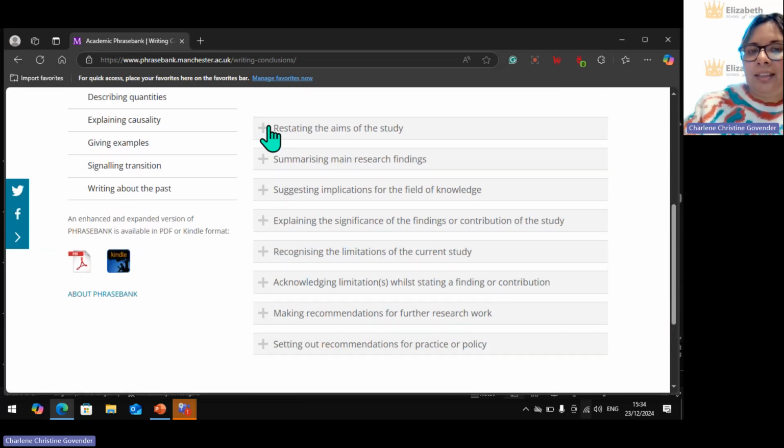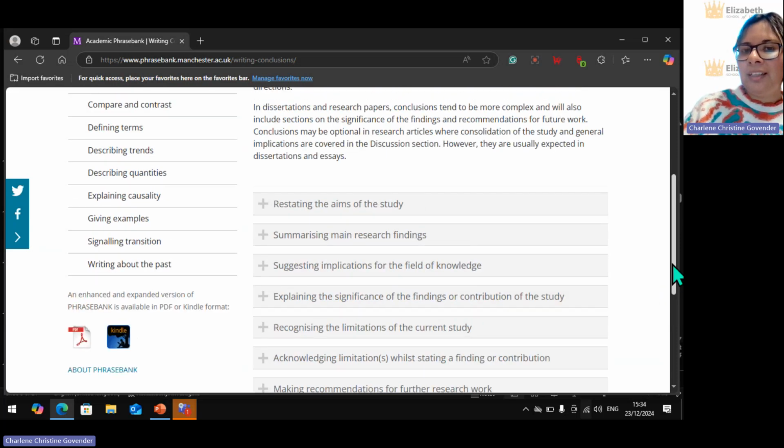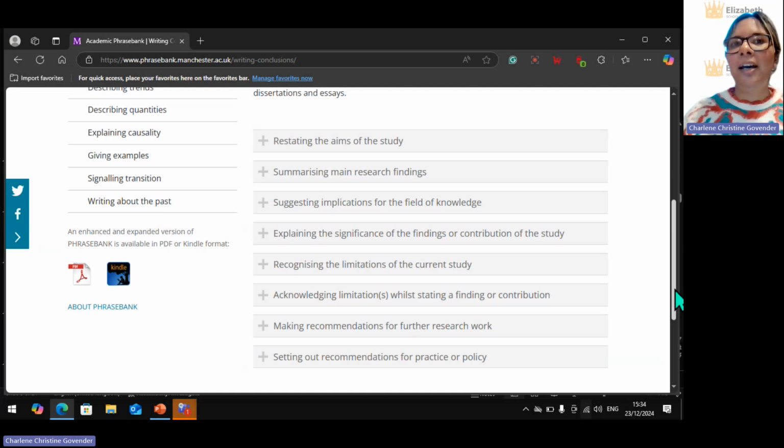Look at the titles of these sections. The first one is restating the aims of the study. I want you to think about when was the last time you matched your introduction to your conclusion. Because in our introduction, we very loftily say these are the aims I would like to achieve, or these are the set outcomes I would like to examine, or the key concepts.